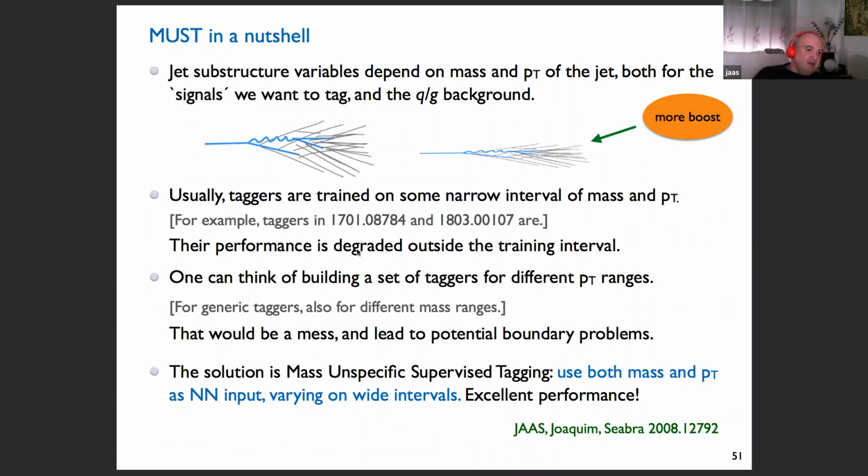This is cumbersome, and this would give problems in the boundaries of the intervals. The solution is what we call mass and PT specific supervised tagging, in which both the mass and the PT of the jet are included in the training of the neural network. This was a paper by me, Felipe, and our PhD student.